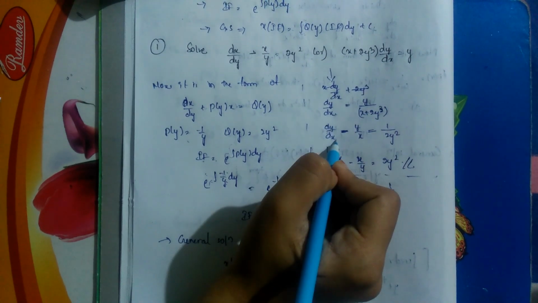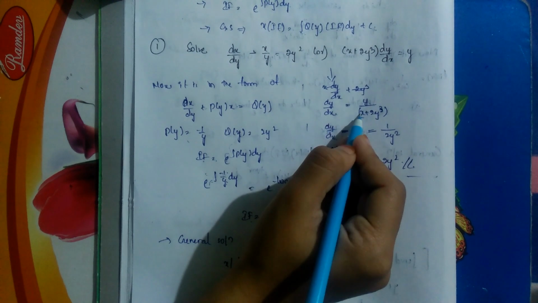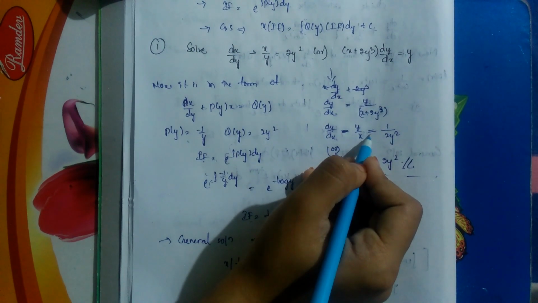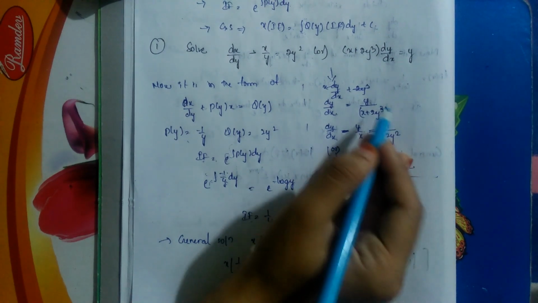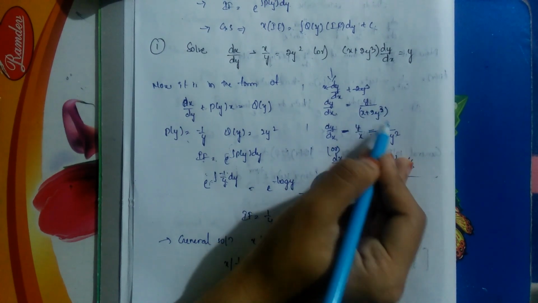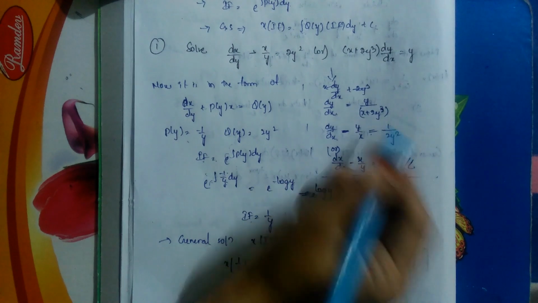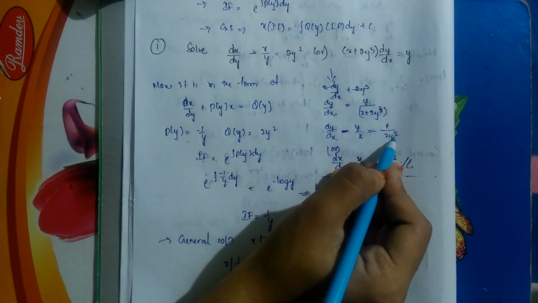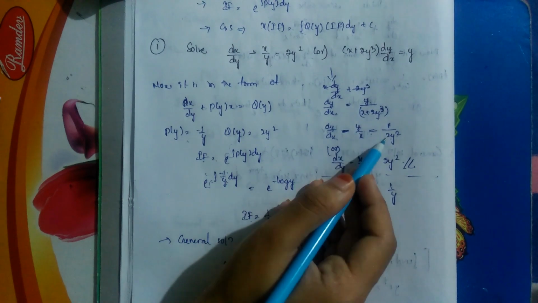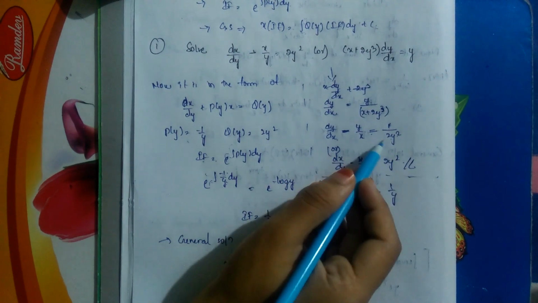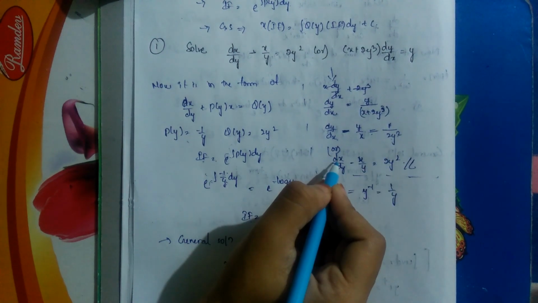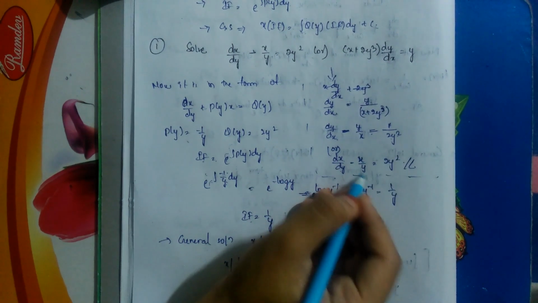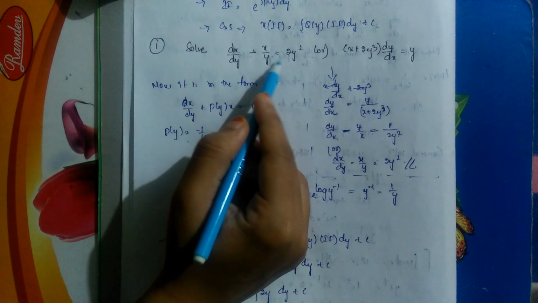Sending y by x to the left hand side, we get minus y by x, equal to 1 by 2y square, since y by 2y cube, y cancels and the leftover is 1 by 2y square. When we take the reciprocal, we get dx by dy minus x by y is equal to 2y square.